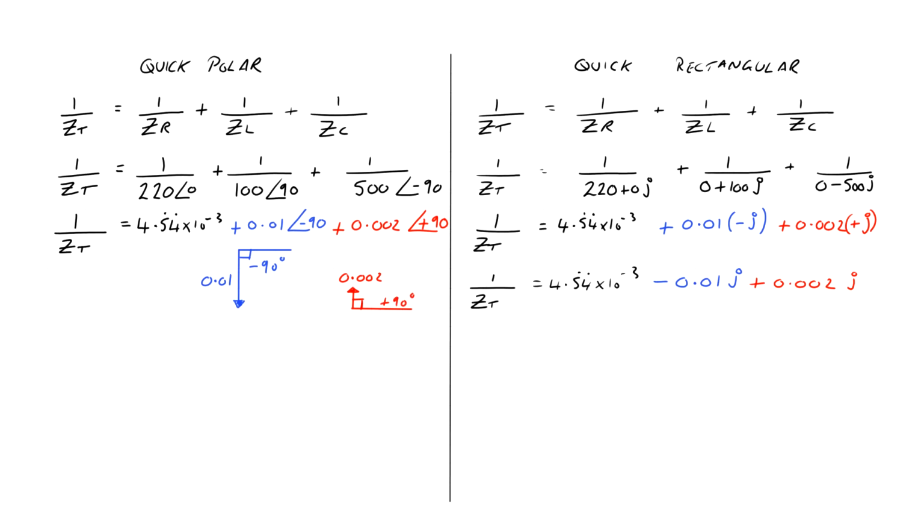Then it's a tug of war between these two to see which one's stronger. So we've got 10,000ths down, take away 2,000ths up. So the resultant of the reactances is going to be 8,000ths downwards at minus 90 degrees.